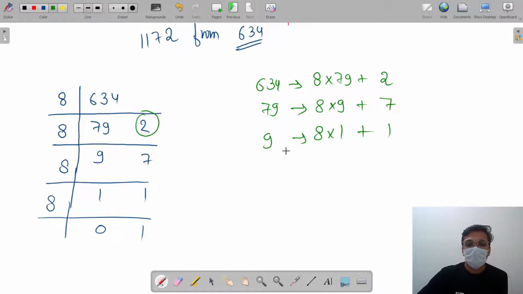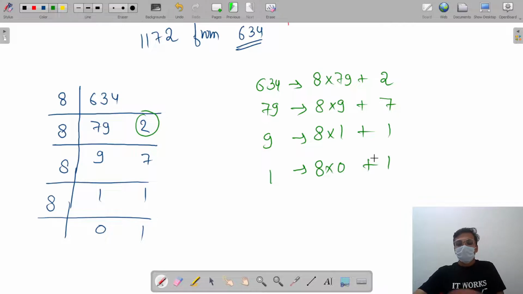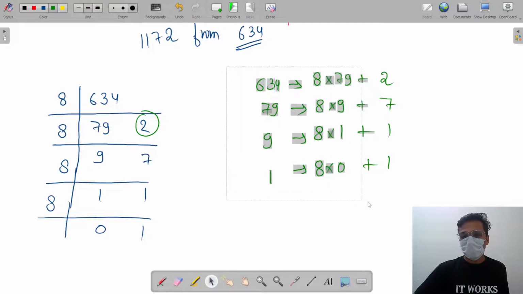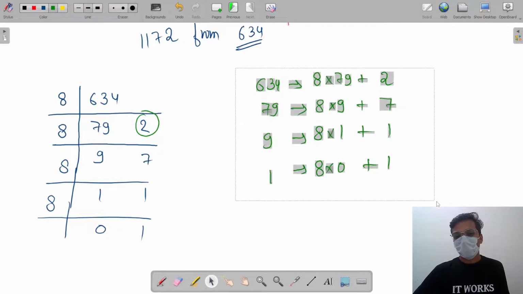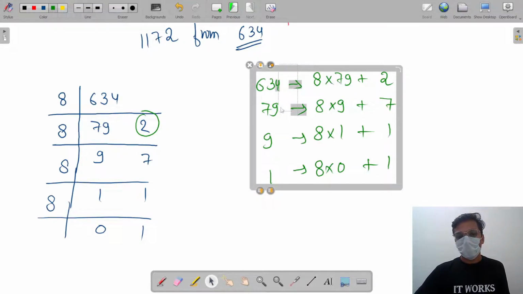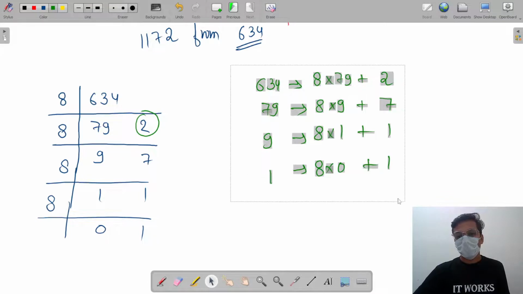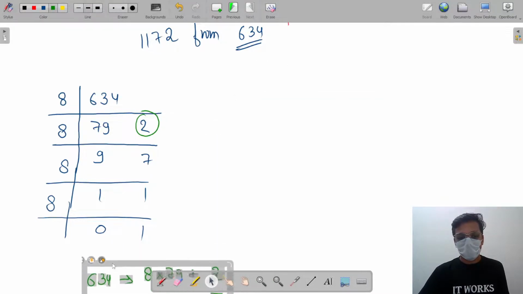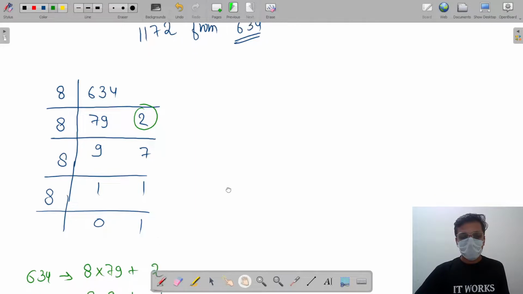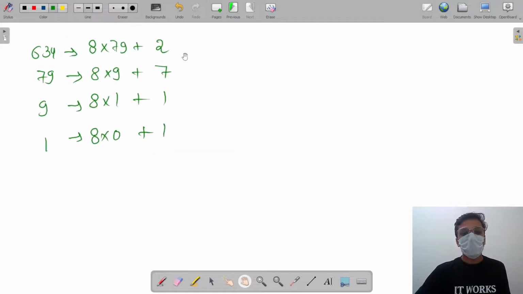And at last, this 1 can be written as 8 into 0 plus 1. So if we take these four expressions, we mark them as equation 1, 2, 3, and 4.